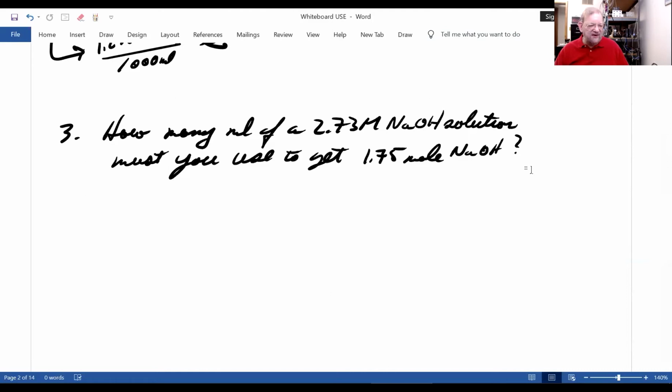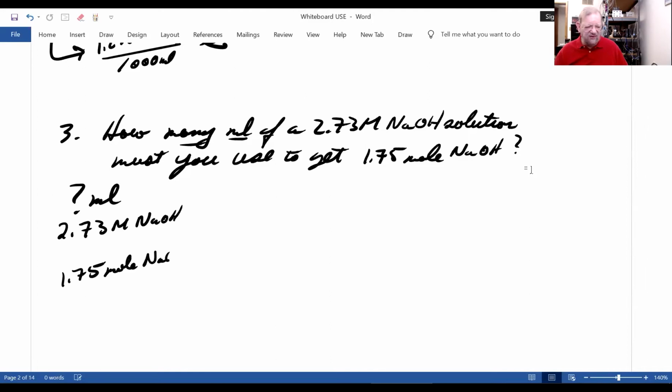So what are we trying to find? Milliliters, because that's what we're asked. What are we given? Ooh, we're given this, and we're also given 1.75 moles of NaOH. And what does this mean?